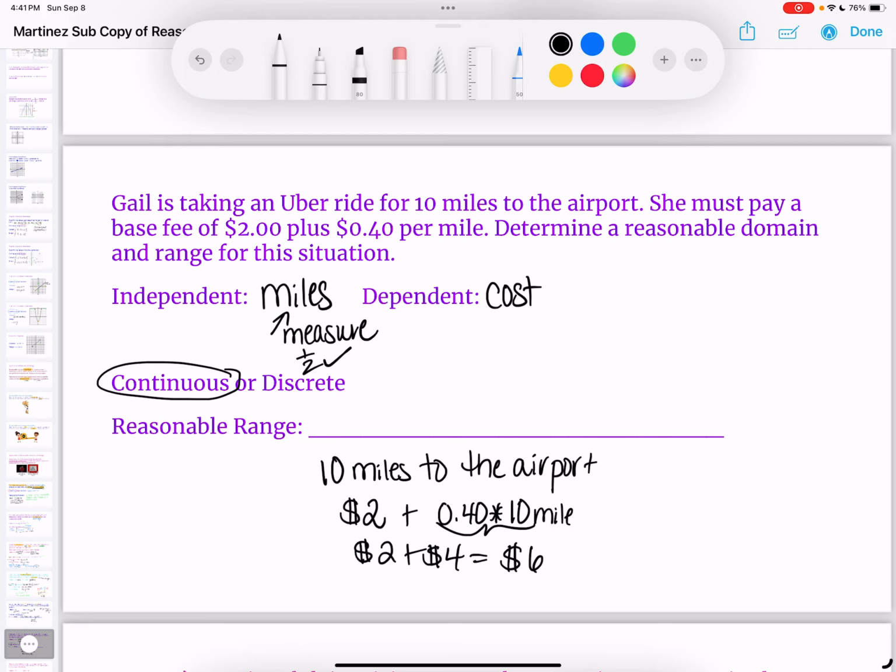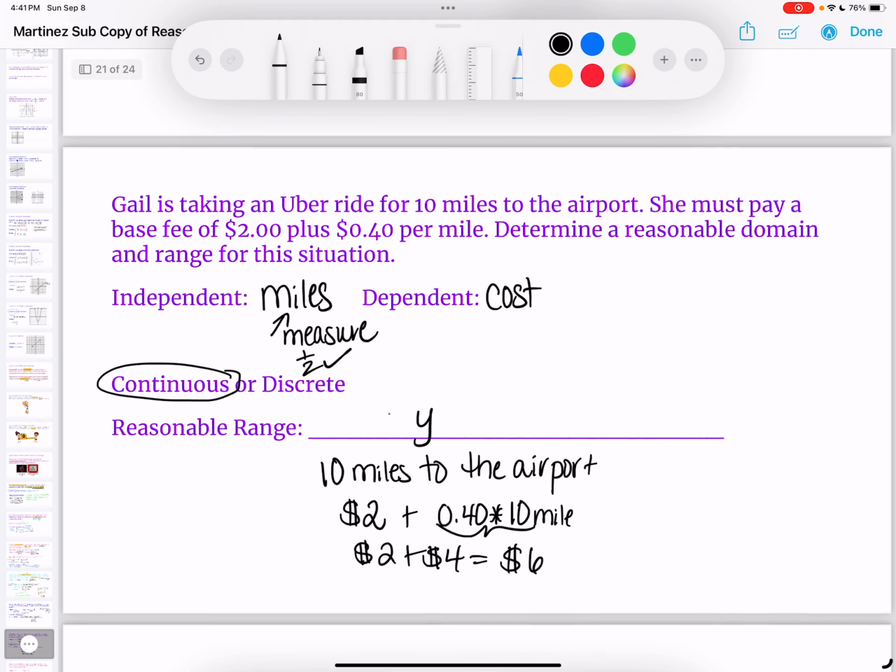So remember the least numbers over here. So if she decides to get in and not get out, the least amount of miles she could spend is 0. And then the most amount she could spend is 6. Actually, if she went 0 miles, she still has to pay the base fee.